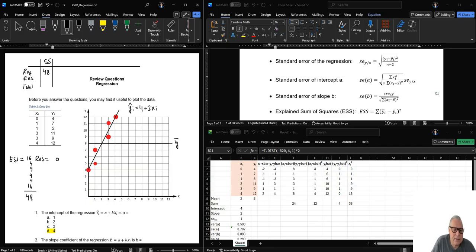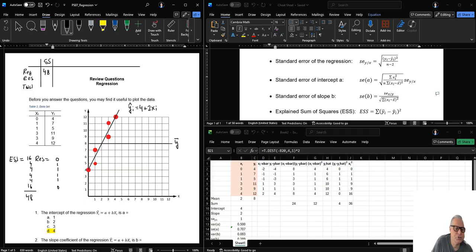But then the two observations above the x of 1, they have each a residual of either positive or negative 1, but squared, that is twice 1. Then the two observations above the 3, they also have a residual of 1 each, 1, 1. And the last observation, the observation above the 4, has again a 0 residual.